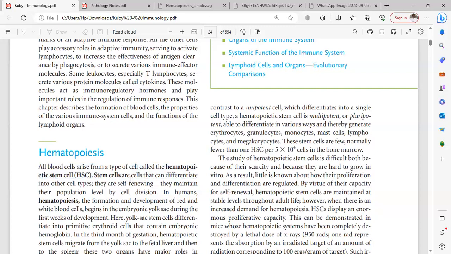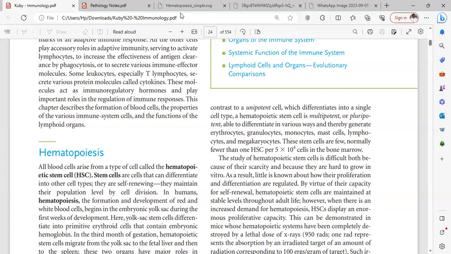Say it starts as a stem cell that will go to white blood cells, or to red blood cells. As I've said, one of their properties is that they are self-renewing, and by that they maintain a population level of cell division.